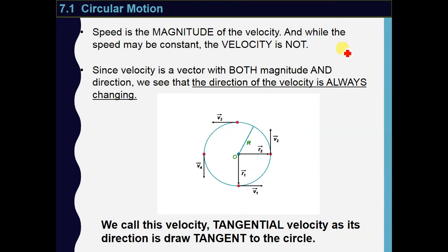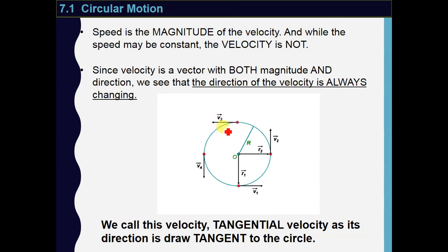Speed is the magnitude, just the value of the velocity, and maybe the speed of this ball may be constant. Maybe the ball is moving with 2 meters per second. So the speed is constant, the magnitude is not changing. But the direction, as you can see, at every point during this path, changes.